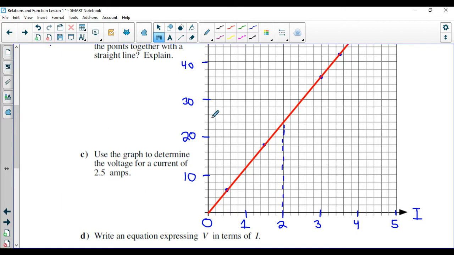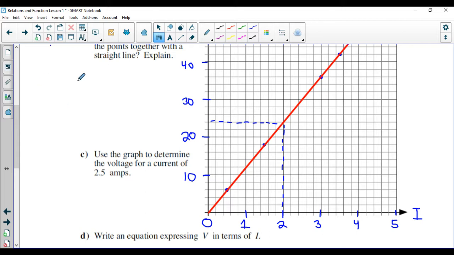If we go up here and went all the way across, a current value of 2 amps would mean that you have a voltage of 24 volts. Does that make physical sense? Yeah, sure. Your current and your voltage values can be whole numbers, they can be decimal numbers, so any numbers along the line actually do make sense.